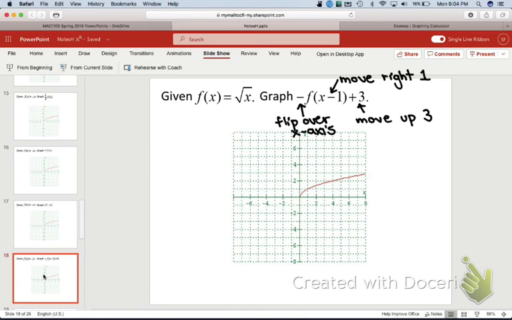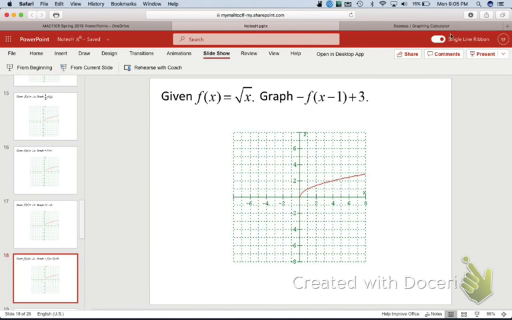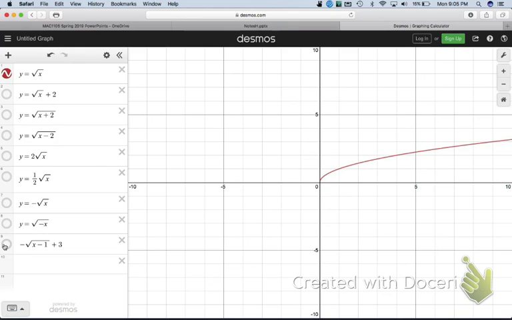Okay, so check out what this looks like once I flip it over the x-axis, move it right 1, and up 3. Here we go. Flipped it over the x-axis. I moved it to the right 1.